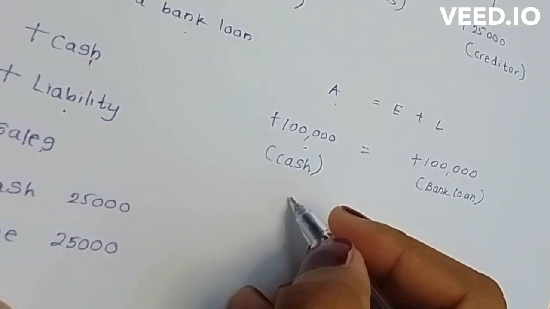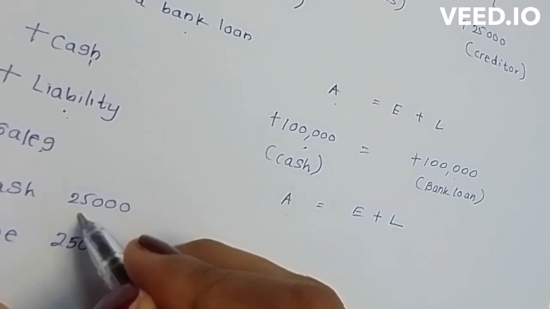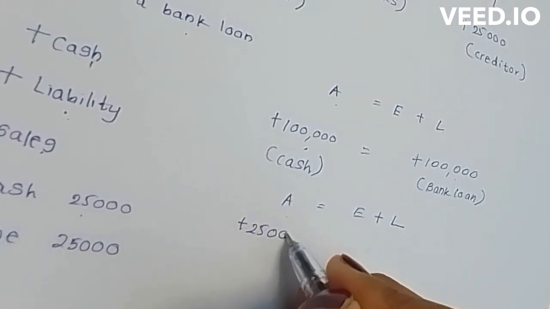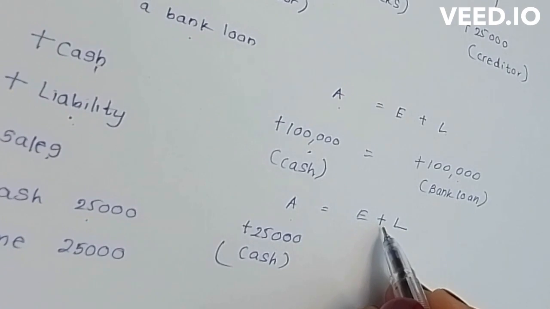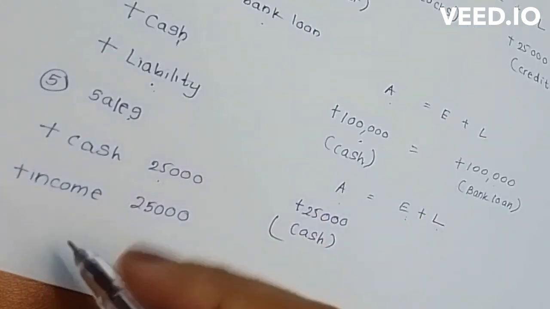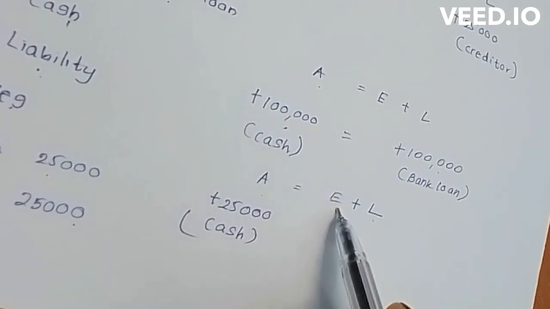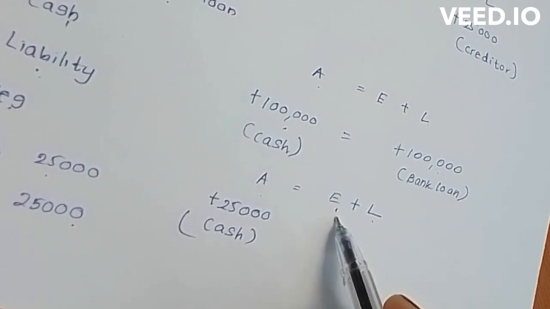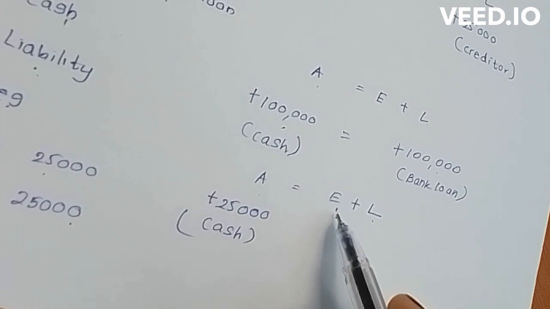So how can we record this in the equation? Assets, cash is a form of asset, plus 25,000 cash, and another one is increasing, equity or liability. What is that? From equity. Why? We are getting an income of 25,000. So when we are getting an income, we need to add it to the equity. When we are paying some amount, for an example drawings, electricity payments, telephone bills, we need to deduct it from the equity.